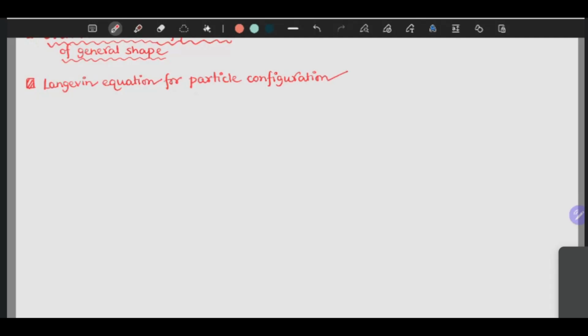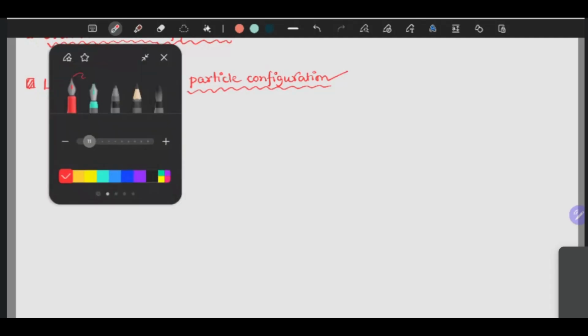So now what we will do, we will write the Langevin equation for any shape of the particle. Now you know that, let's say, a rod like shape. First we will talk about the rod like shape.